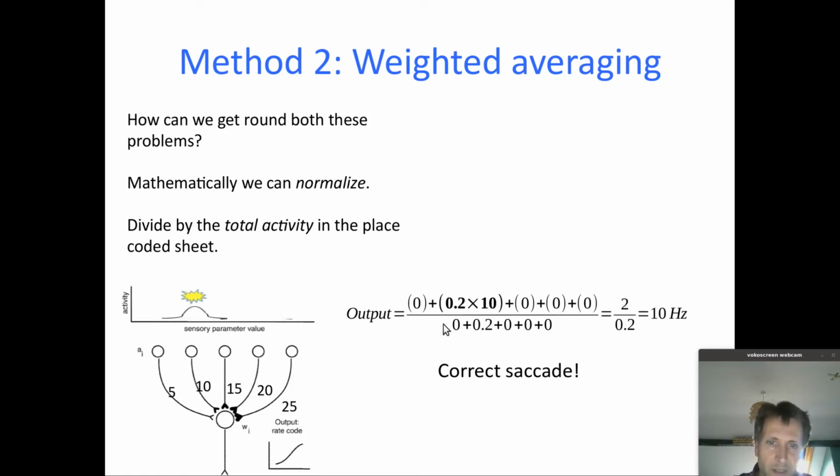But the total sum of all the activity is only 0.2, so we divide by 0.2. That gives us a 10 Hertz output rate, and that gives us a correct saccade as well. So this normalization approach seems to solve both the multiple stimuli problem and the stimulus intensity problem.